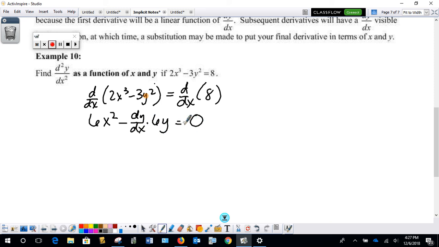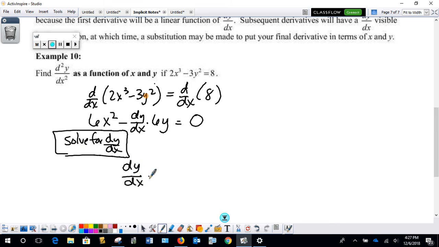Now, I will tell you that if you're doing the second derivative, you better solve for dy dx, because you can't take the second derivative until you have the first derivative. All right? So I'm just going to isolate dy dx. dy dx is going to equal 6x squared divided by 6y, or x squared over y.